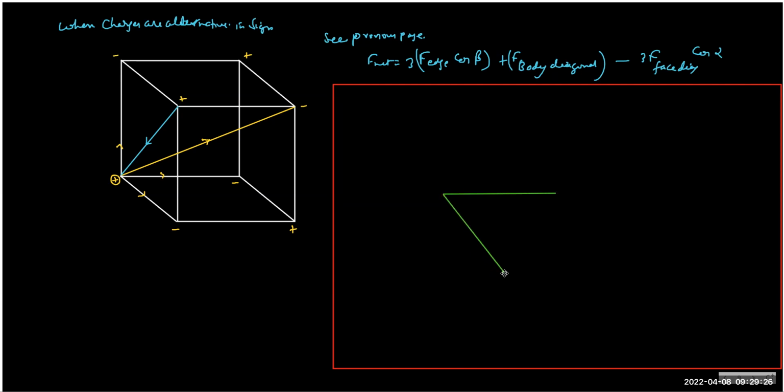We have two, not one. One is like this, and the other one is like this. These are two equilateral triangles of side length, let's say, a.